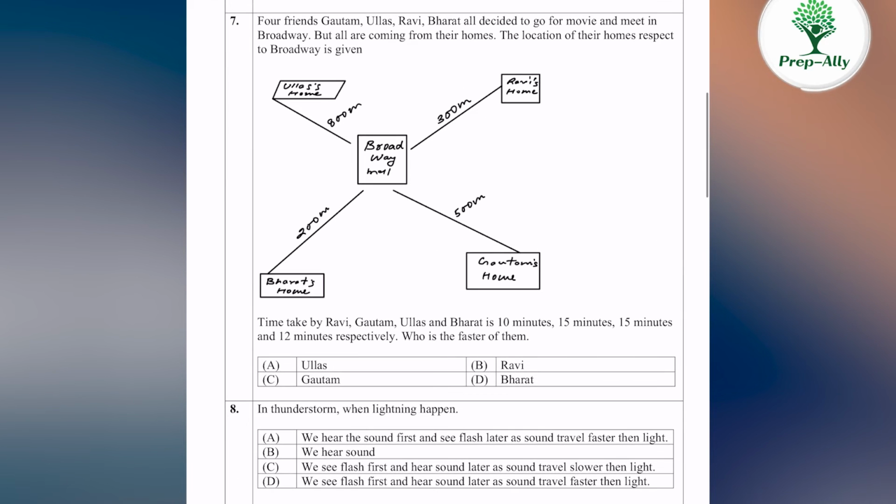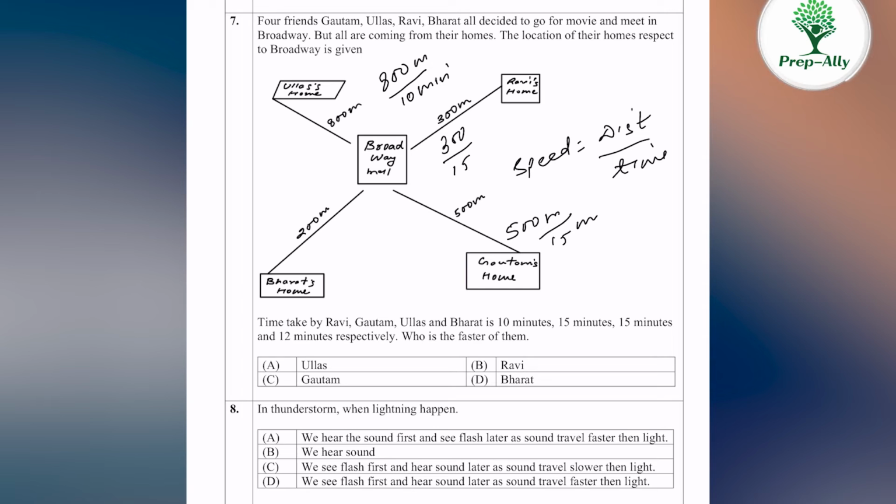So you see, fast means speed we have to calculate, and we know that speed is equal to distance traveled divided by time taken. So for Ullas, the distance is 800 meter and the time is 10 minutes, so it will be 800 meter by 10 minute. For Ravi, the distance is 300 meter and the time is 15 minute. For Gautam, the distance is 500 meter and the time is 15 minute. And for Bharat, the distance is 200 meter and the time is 12 minutes.